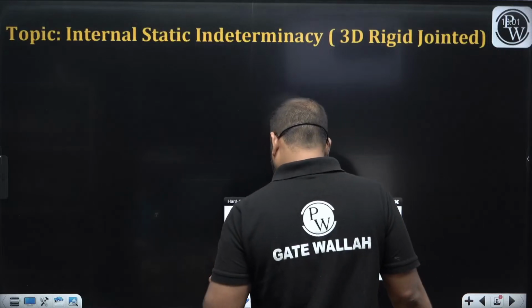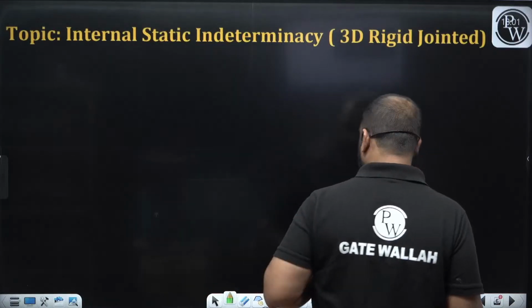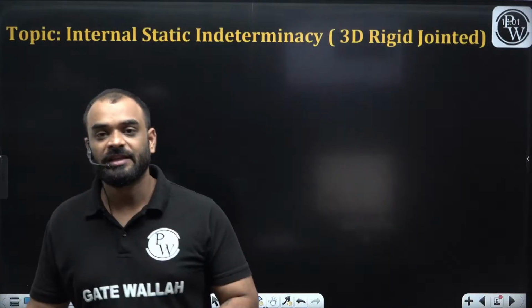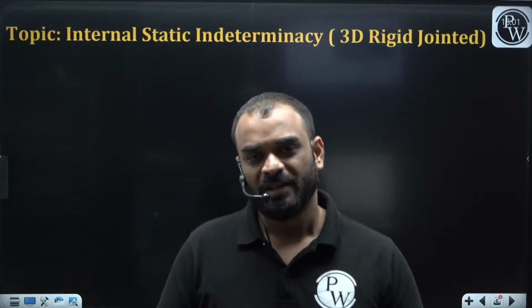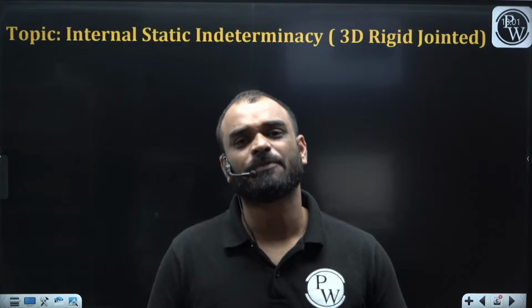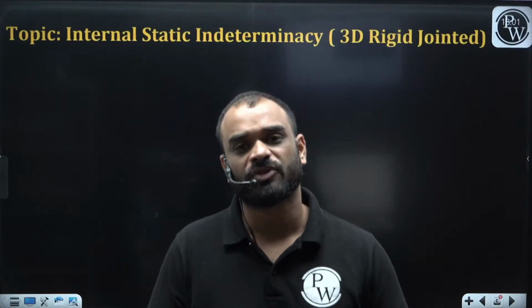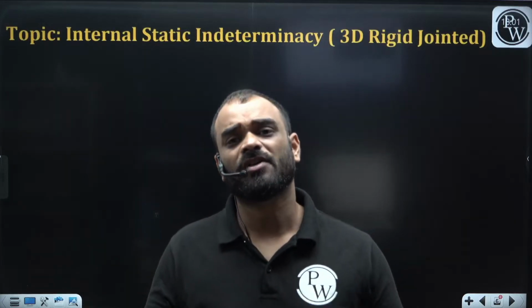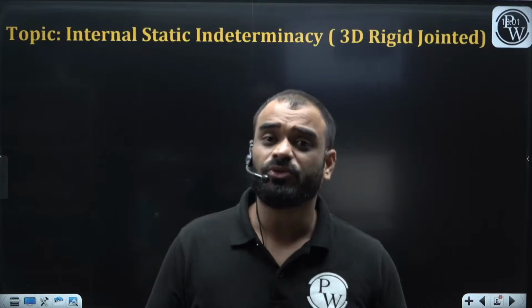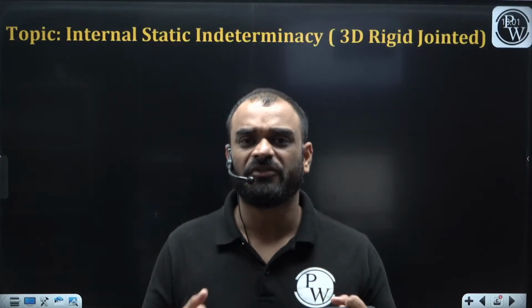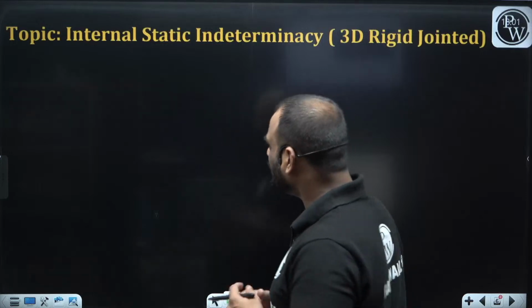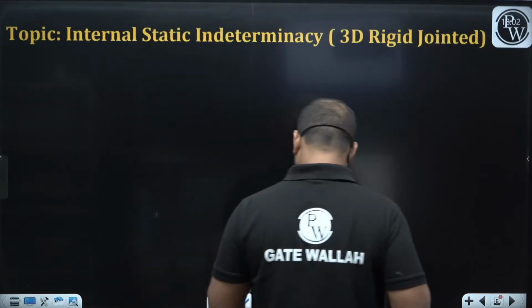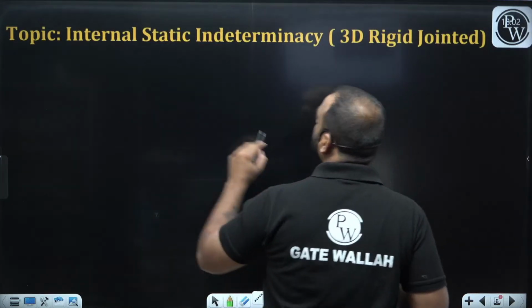In yesterday's class, we already discussed how to calculate the internal static indeterminacy for 2D structures. The same approach and concept you need to apply in case of 3D also. We already discussed in detail how to get the formula for the 2D structure, right? So let's understand the internal static indeterminacy for 3D structure.